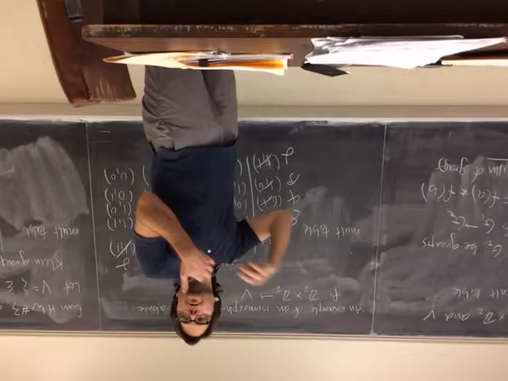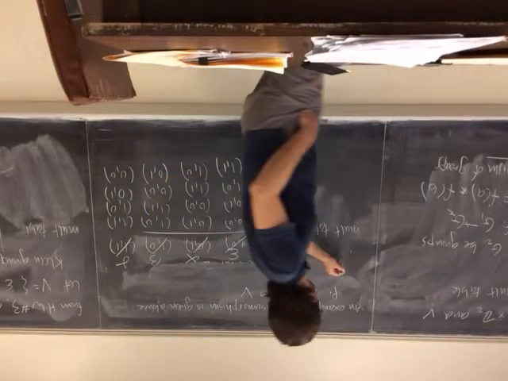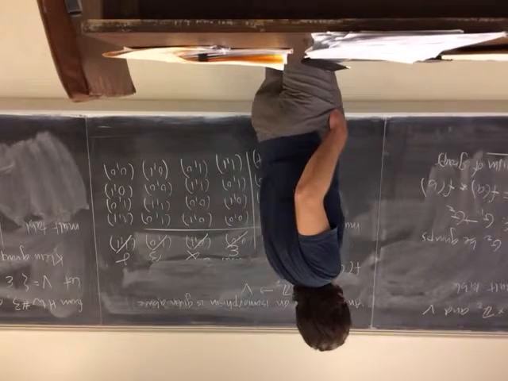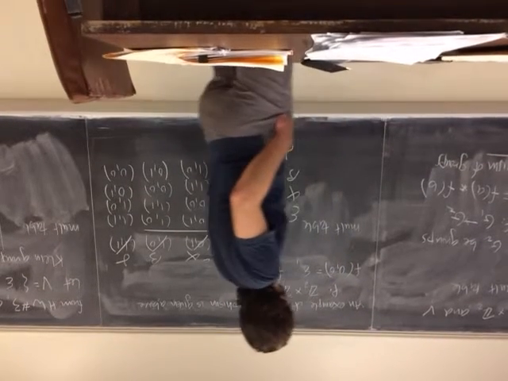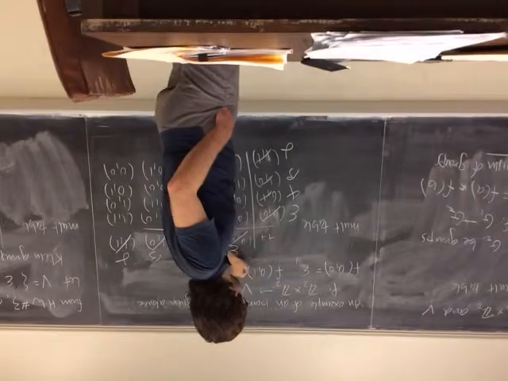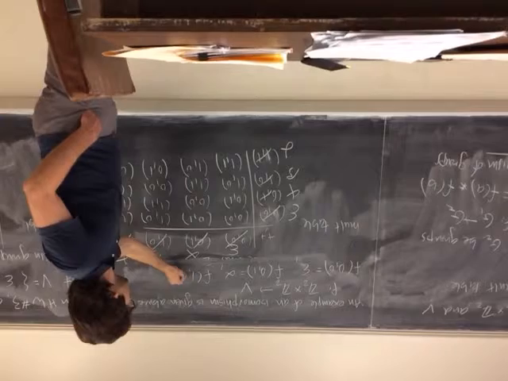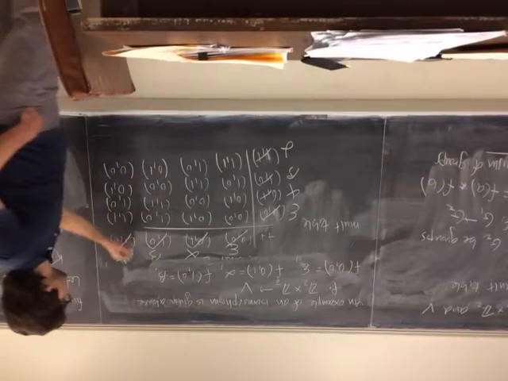Well, you have to tell me what to do to the elements of Z2 cross Z2. So f of (0,0) was E. f of (0,1) was alpha. f of (1,0) was beta. And f of (1,1) was gamma.